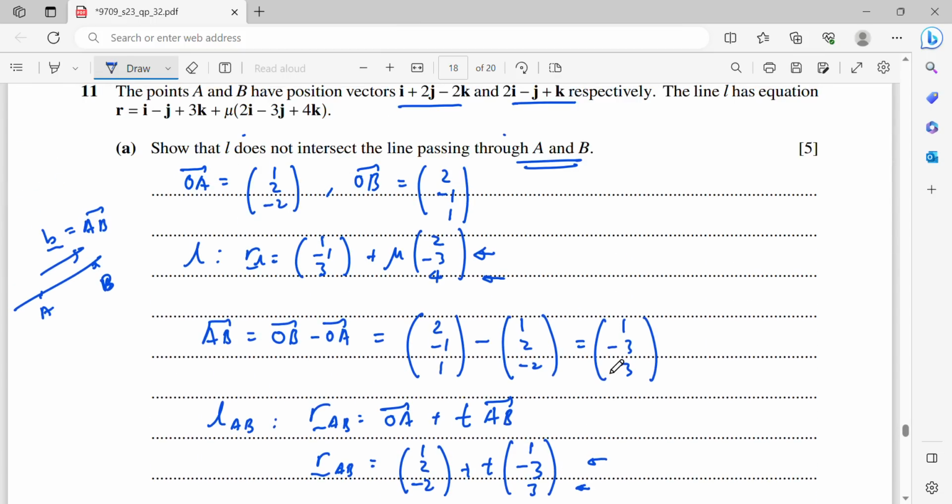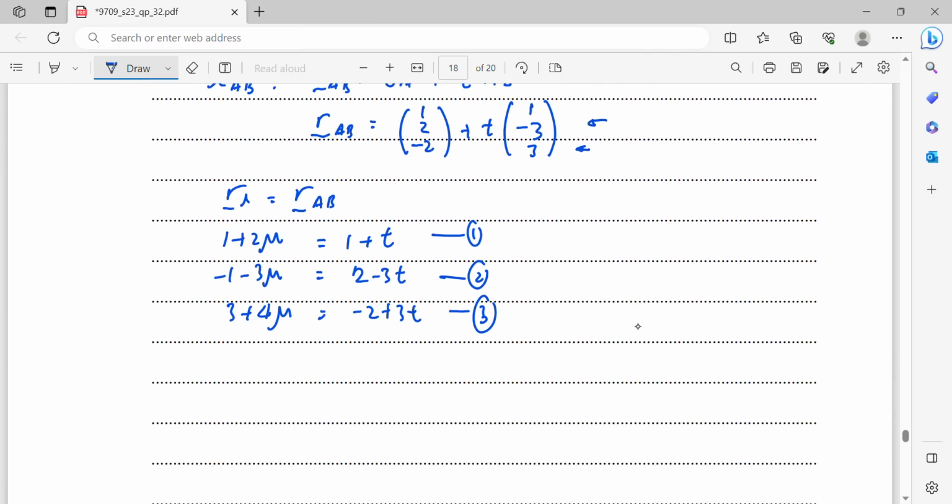From here, I can just use the second and the third equation. Second plus third equation, because here is negative 3t and this is positive 3t. When I add them together, the t will be cancelled off. So minus 1 plus 3 is 2 on the left; then minus 3 mu plus 4 mu is plus mu. For the right hand side, 2 plus minus 2 will be 0. That means mu is going to be negative 2.